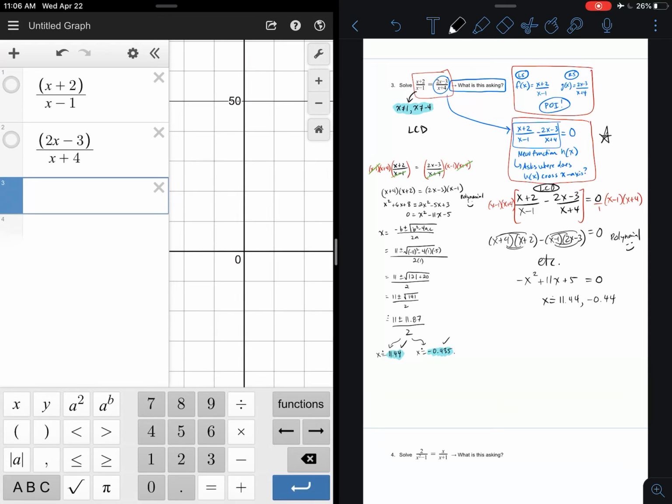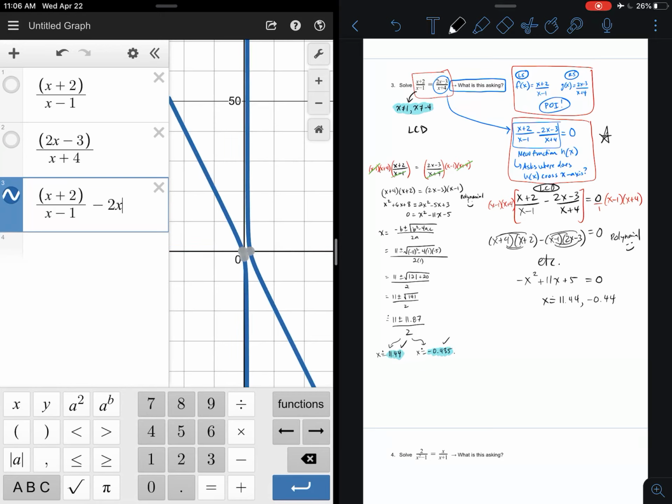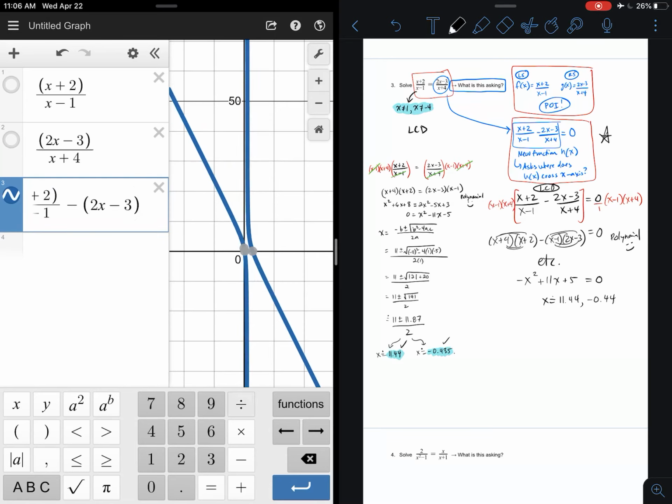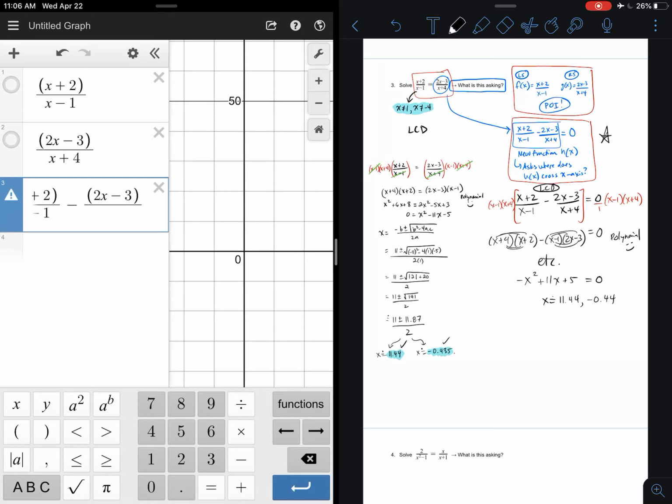And I'm going to type this in as the second way we've looked at it: x plus 2 over x minus 1, minus 2x minus 3 over x plus 4.